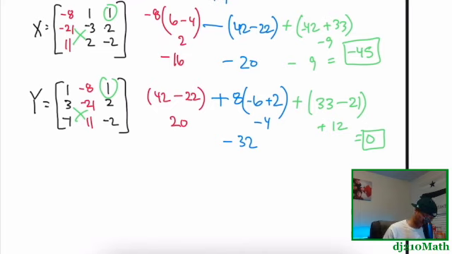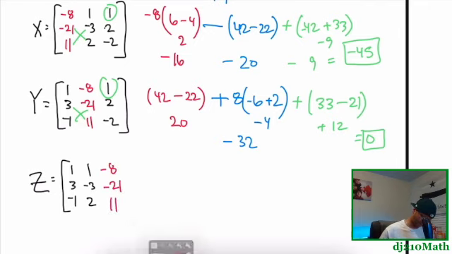Okay, last one. Capital Z. So this is going to be 1, 3, negative 1. 1, negative 3, 2. Negative 8, negative 21, 11. Okay, determinant time. So 1, that's nice.